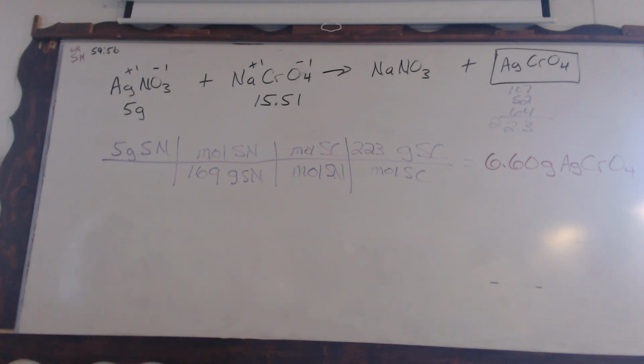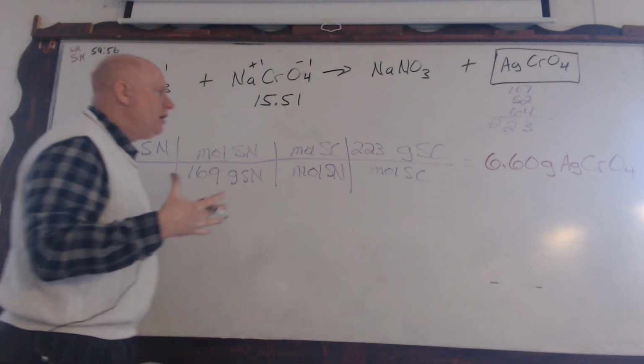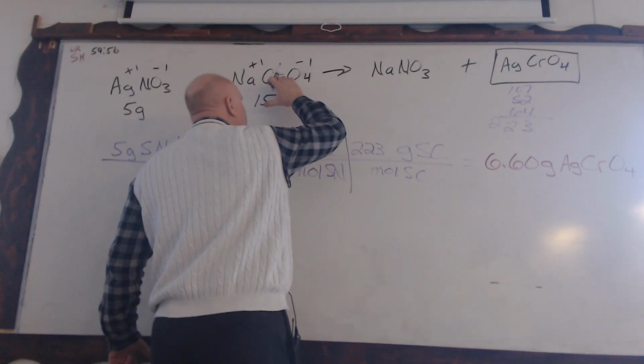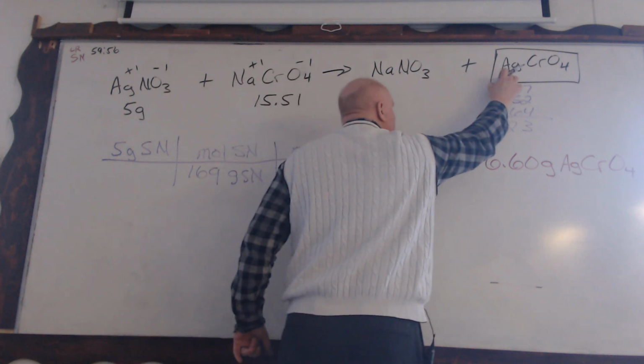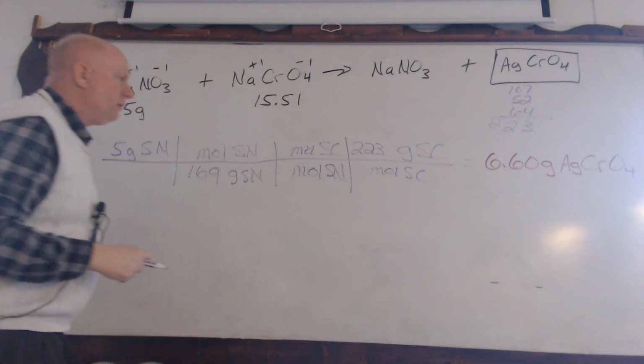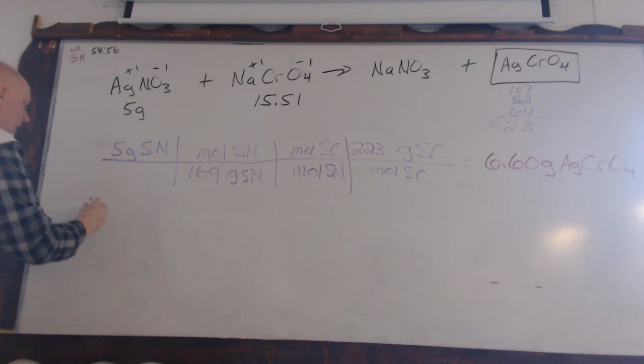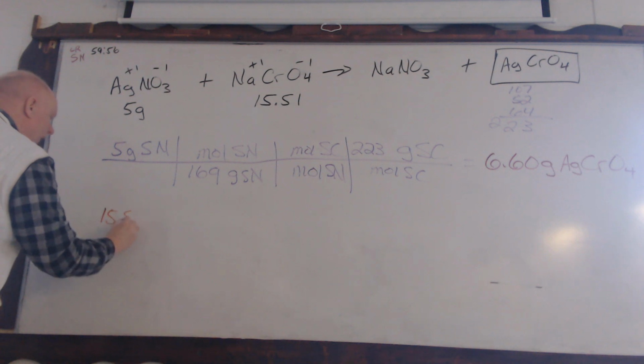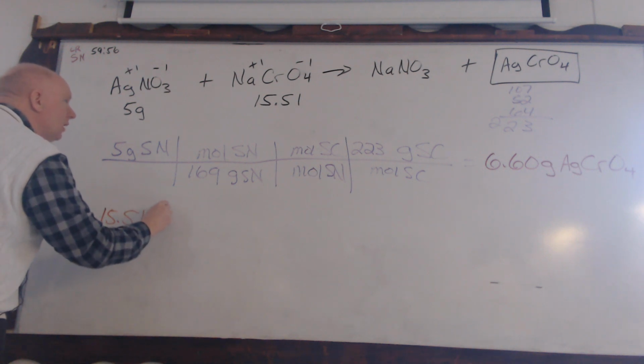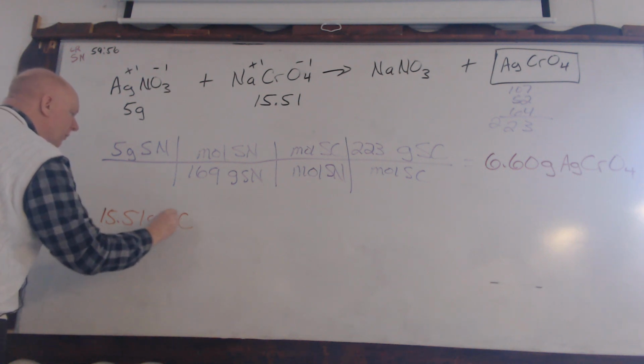No, we cannot. It might be a pretty good indication, but chances are when we convert grams of this to silver chromate, it's probably going to be a larger amount. But let's just go ahead and illustrate that. 15.51 grams of sodium chromate.